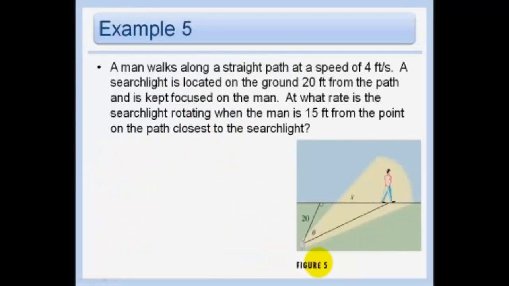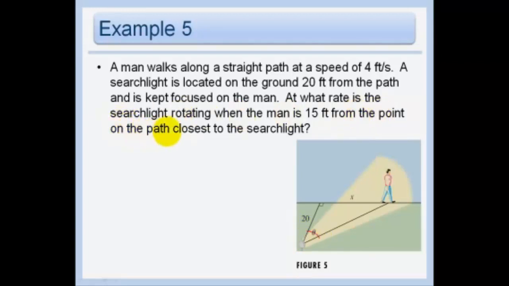The final example says, a man walks along a straight path at a speed of 4 feet per second. A searchlight is located on the ground 20 feet from the path. So it's 20 feet from the path, there's a searchlight, and it's kept focused on the man, so the searchlight is moving like that.